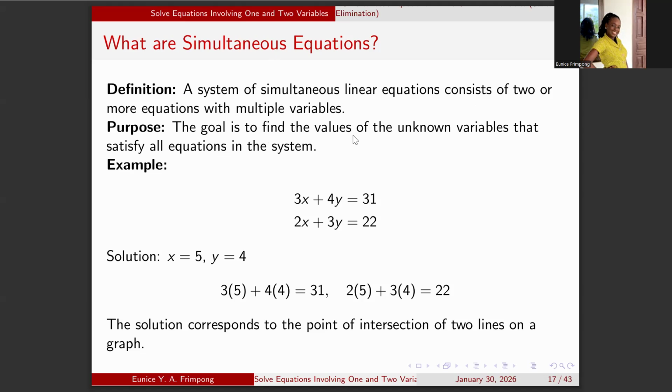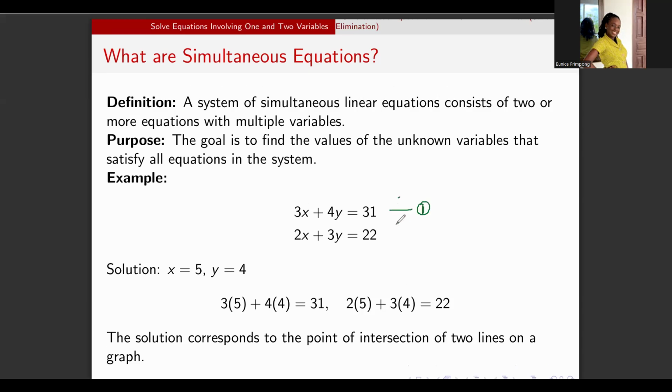The goal is to find the values of the unknown variables that satisfy all the equations in the system. So if you look at these two equations, the first one is 3x plus 4y equals 31. This is our equation 1. And then 2x plus 3y equals 22 is our equation 2.